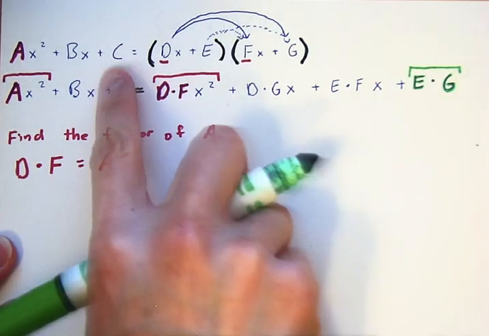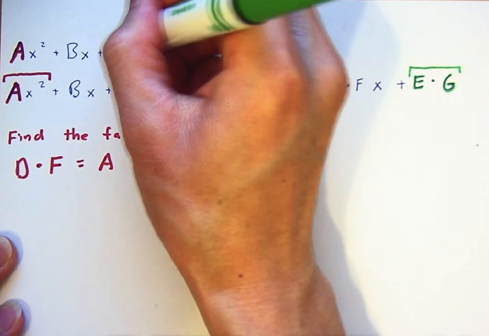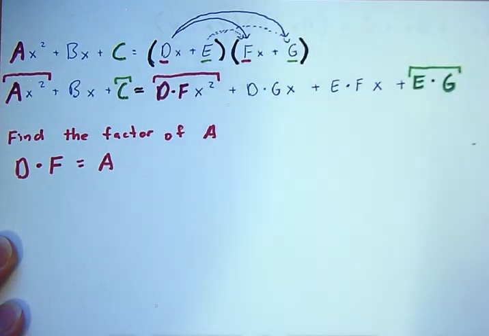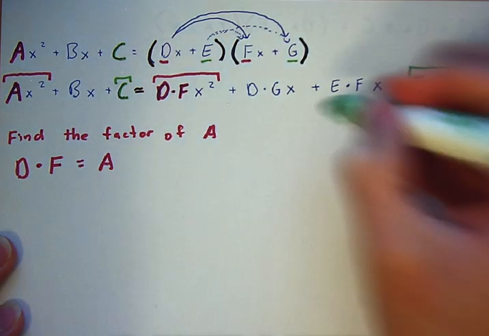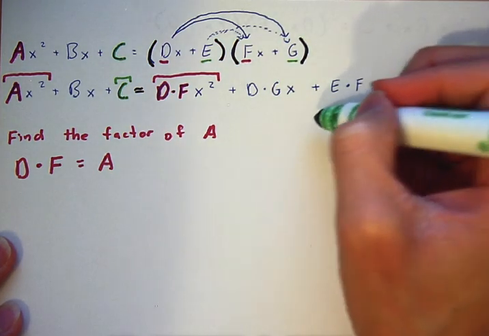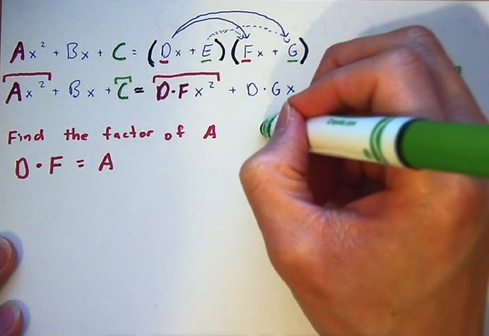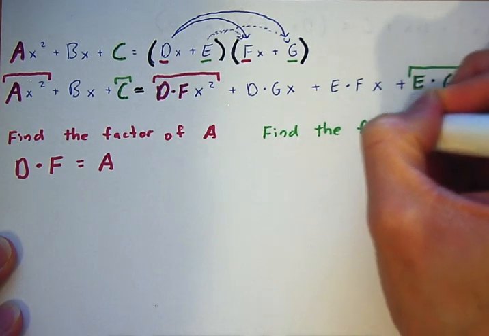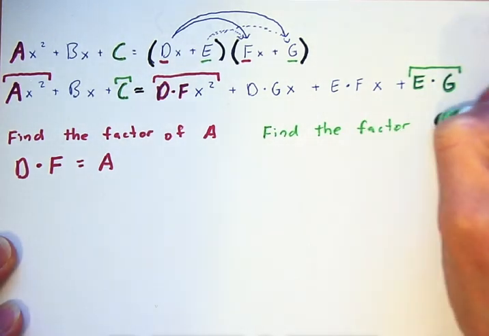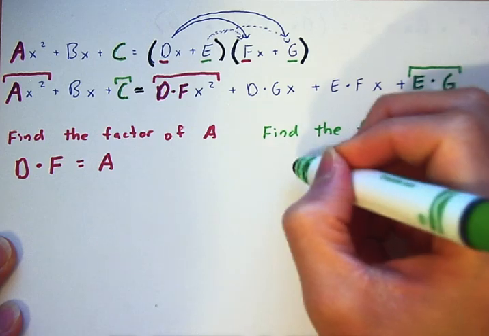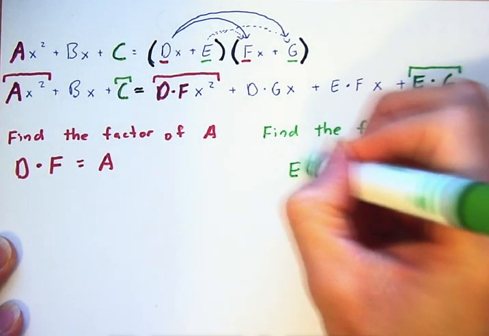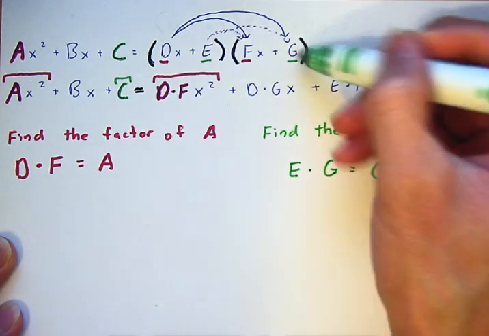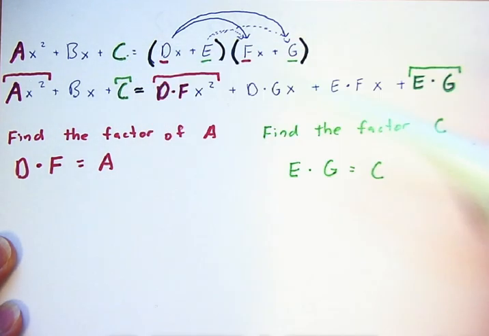So looking up to this part right here, this c is equal to this one here, e times my g, which is why my second step was to find the factors of c, because I know that my e times my g was equal to c.